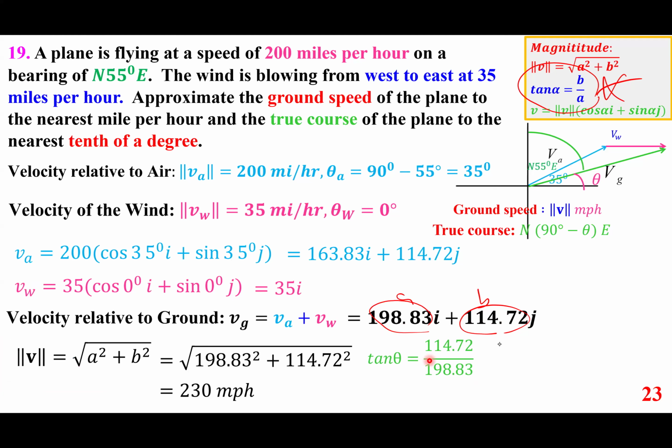Theta is tan inverse of this number, gives you almost 30 degrees, 29.98 degrees. Therefore, you answer this as 230 miles per hour, north 60 degrees east. So pretty straightforward, everybody.